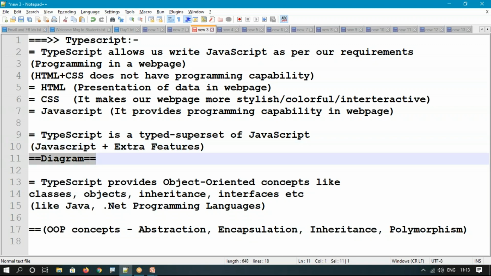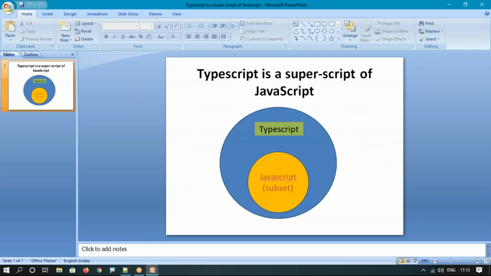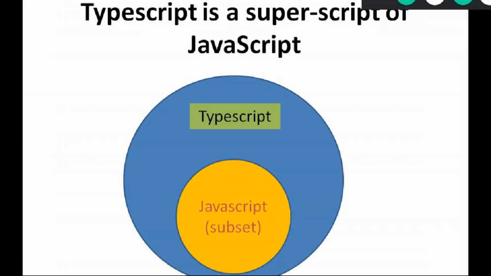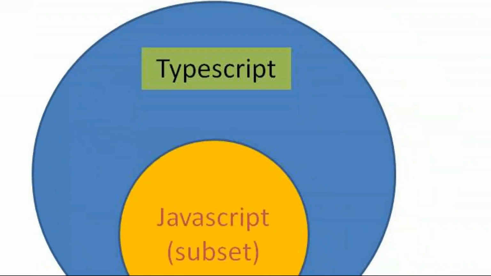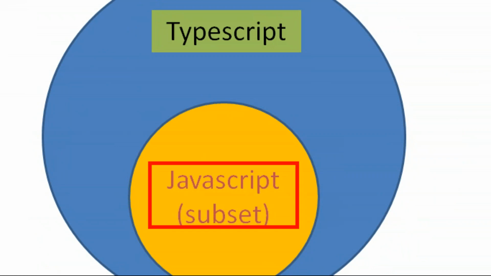Let us try to understand this with a small diagram. What do you mean by superset of JavaScript? For example, in JavaScript you are doing these things in web page development, whereas in TypeScript you can do JavaScript plus extra things.